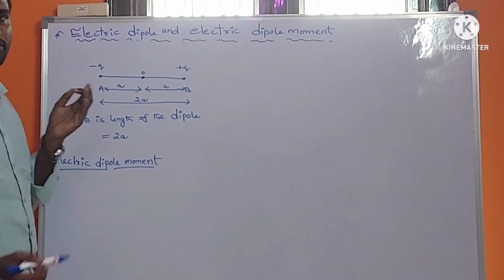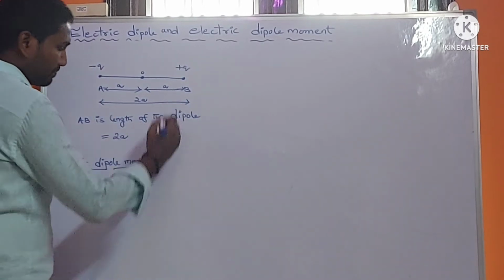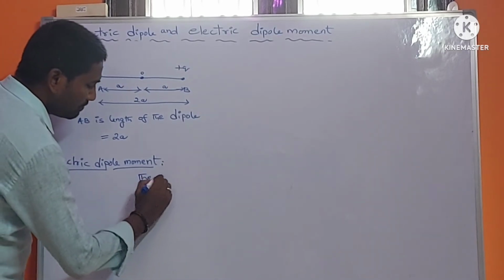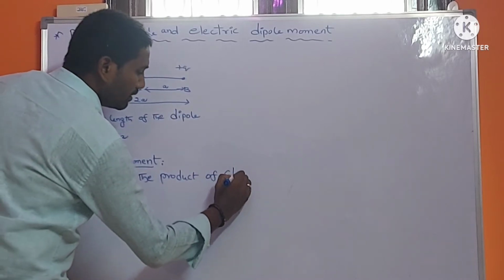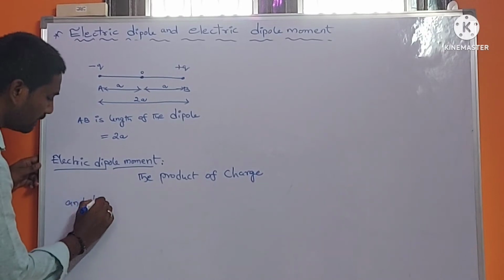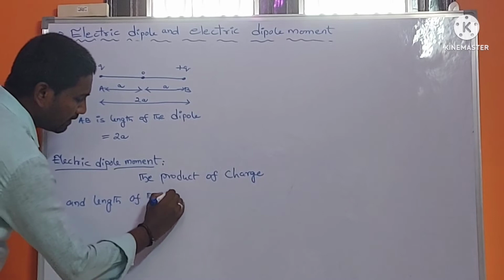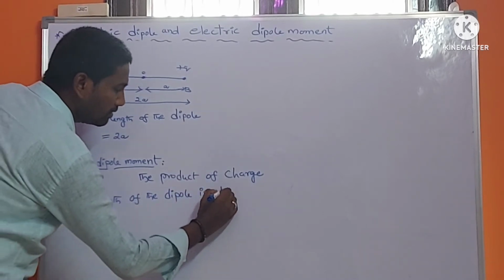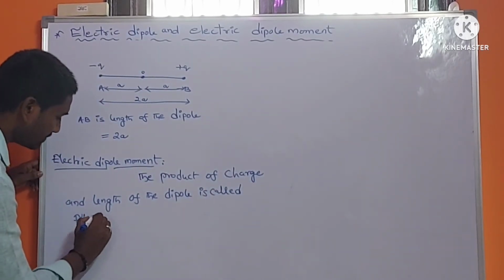Everyone, listen to me clearly. The electric dipole moment means the product of charge and length of the dipole. The product of charge and length of the dipole is called the electric dipole moment.